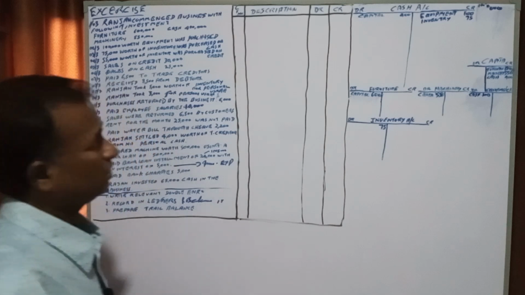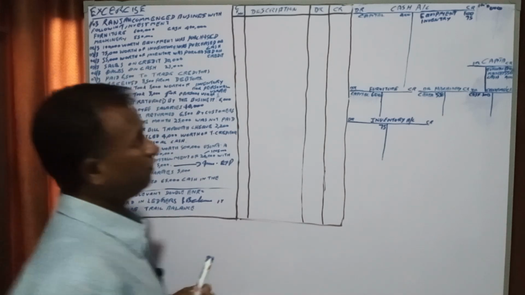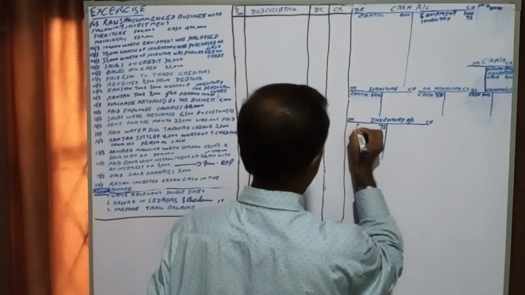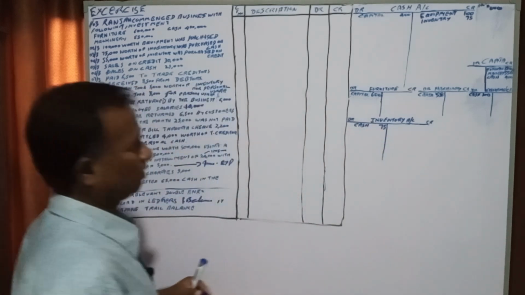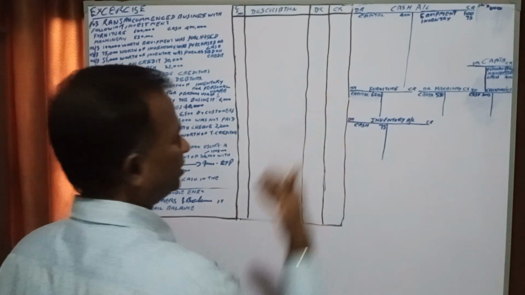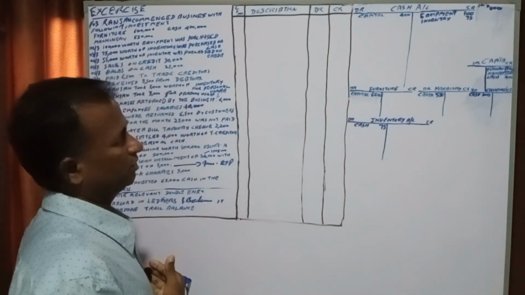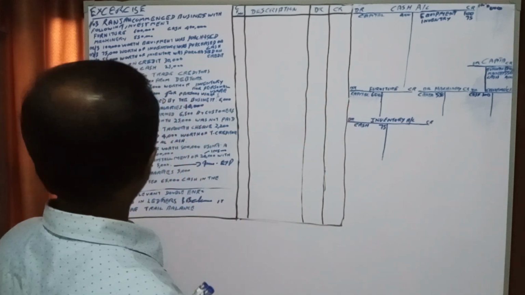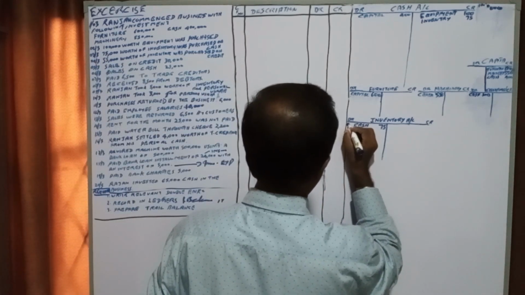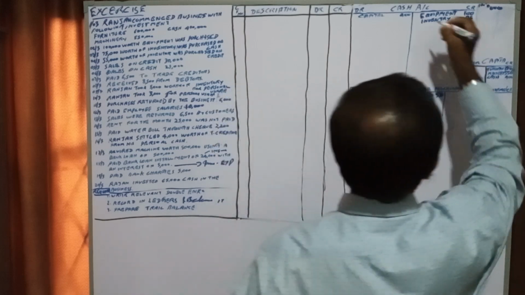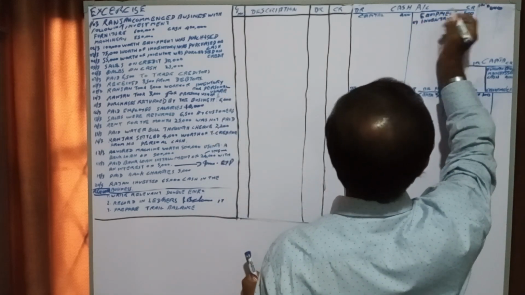That is the purchase of inventory, which happened on the 3rd.